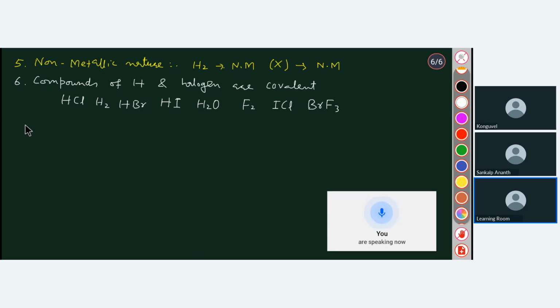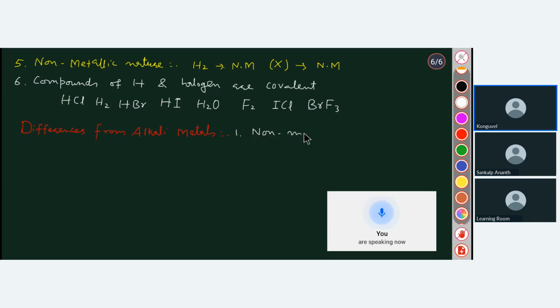First, let's see the differences from alkali metals. Where does hydrogen differ from the alkali metals? Number one is the non-metallic character, as I already told.